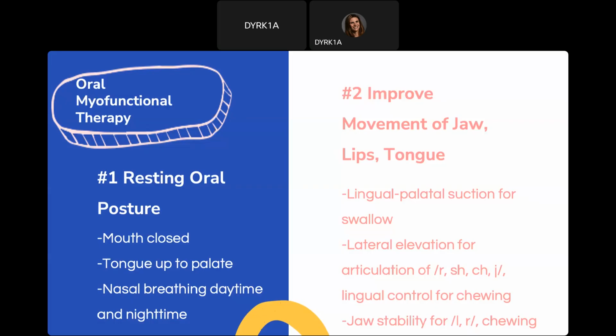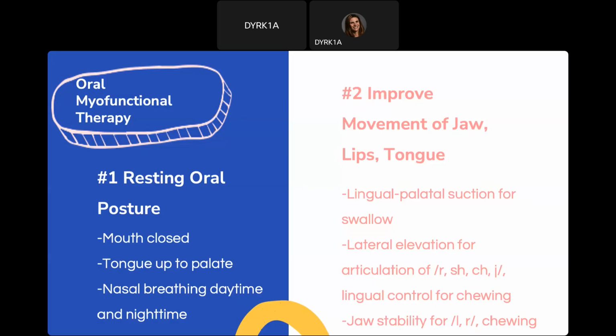And then second, this is about oral myofunctional therapy. The first goal of oral myofunctional therapy is to achieve that resting posture. The second goal is to improve movement of the jaw, lips, and the tongue. This is going to be lingual palatal suction for the swallow.